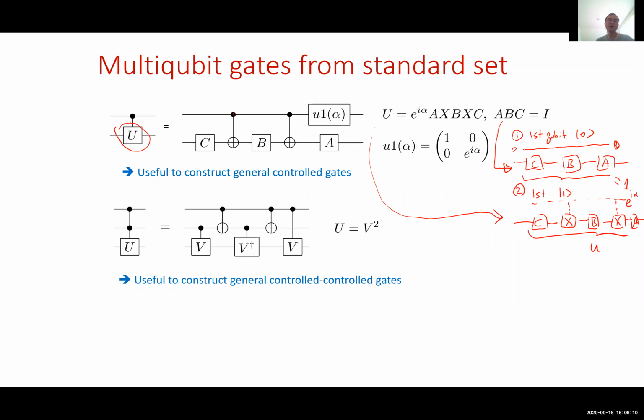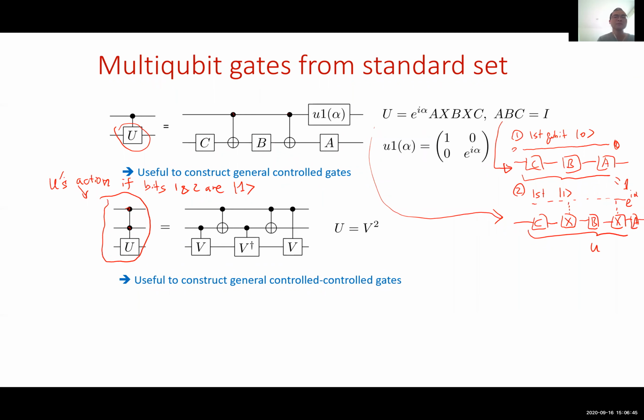Yeah, we can also extend this a little bit to the 3 qubit case. So for example, if I want to get this control U, basically this notation means that you apply U if bits 1 and 2 are 1.